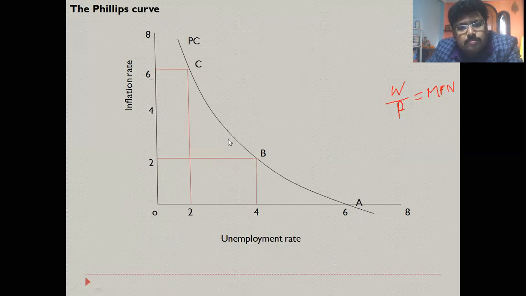So if the government has an expansionary fiscal policy, or there is an expansionary monetary policy, then unemployment will reduce from 6% to 4%.